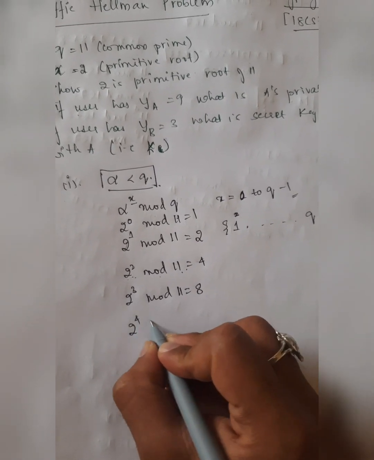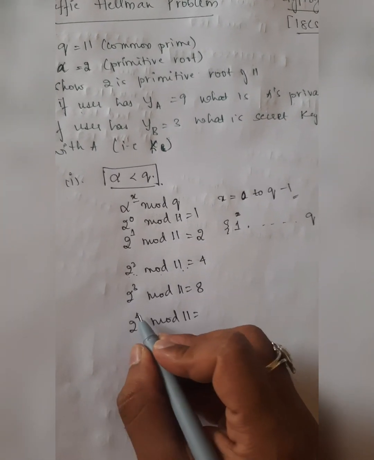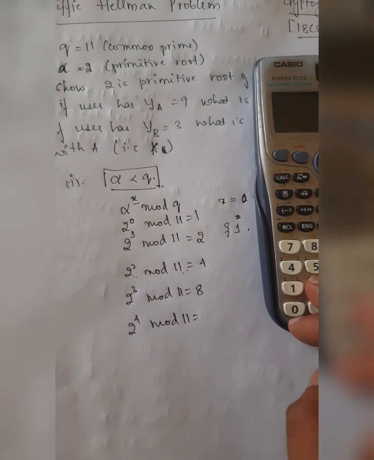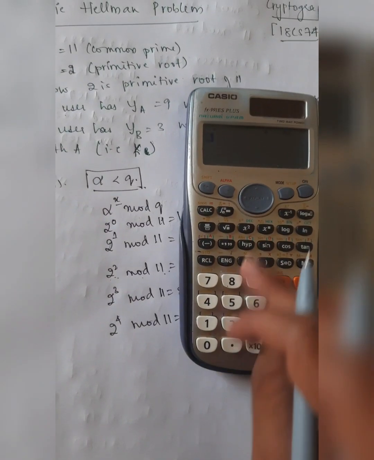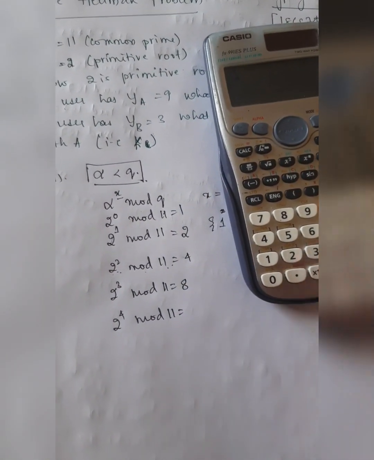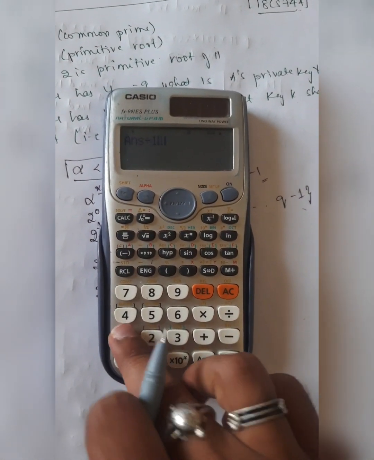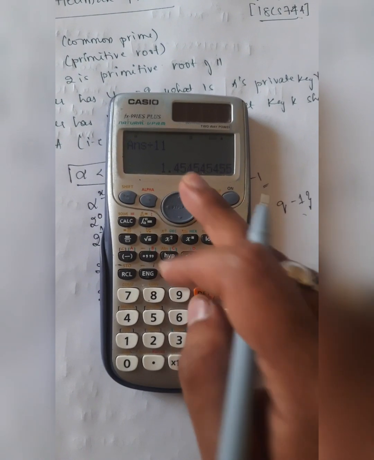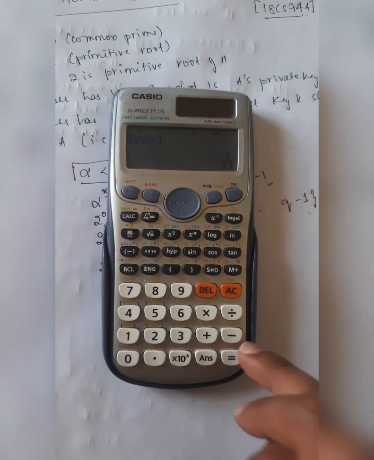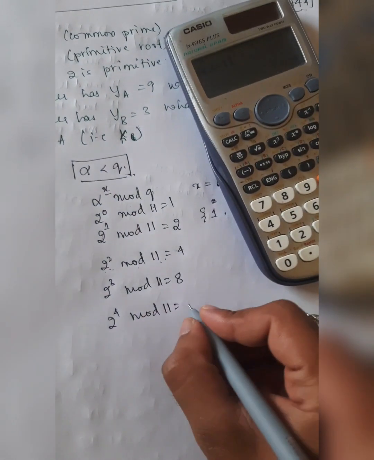2 power 4 modulus of 11: 2 power 4 is 16, modulus of 11. When you are calculating, you divide 16 by 11, you get 1, subtract 1 into 11, and you are getting 5, correct?